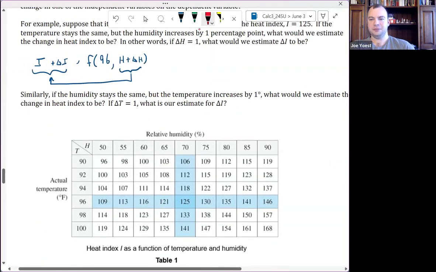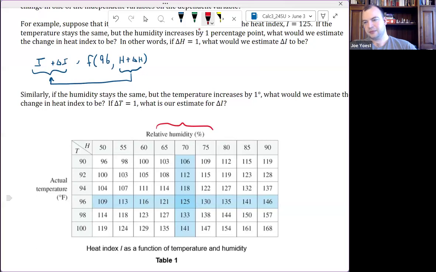So what could I do? Maybe what I could look at is a couple of different relative humidity points for a temperature of 96.